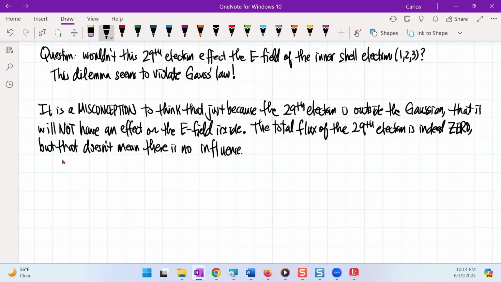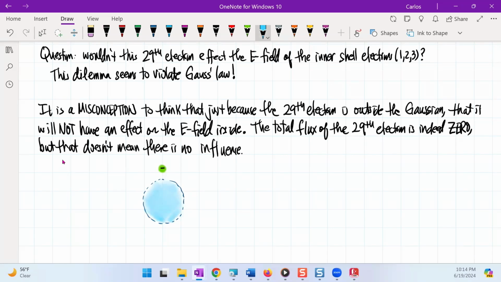Imagine that I have a charge, a point charge, and I'm going to draw it up to a Gaussian. As we were talking about, here's my 29th electron, and then I'm going to draw my Gaussian right here. When I look at that Gaussian, remember, we don't care about what's inside.